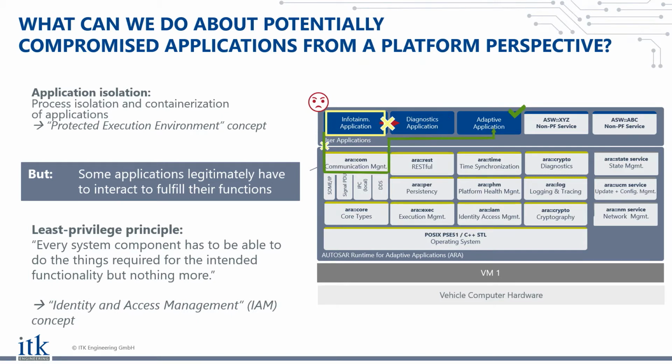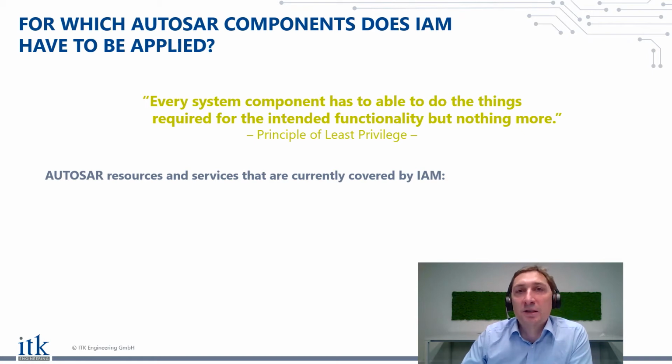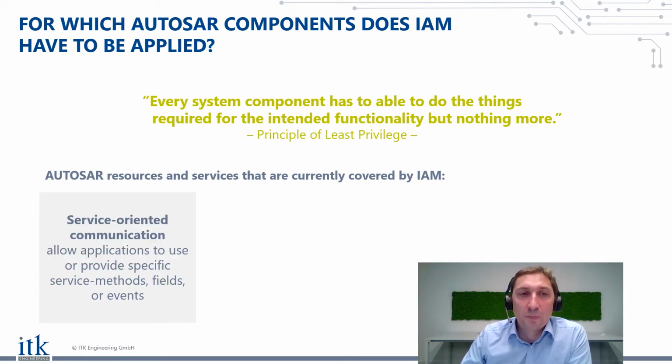It gives you a means of whitelisting according to the principle of least privilege. So you can define for each and every adaptive application which interfaces are allowed to be used and which are not. According to the principle of least privilege, you have the whitelisting of functionality, and this is already implemented in some functional clusters in AUTOSAR.